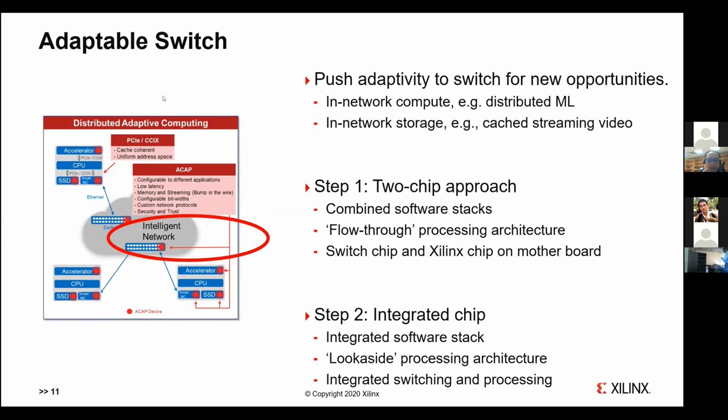And in the second step, we could integrate the functions together into one single chip, right? And in that way, we could also use the local site processing architecture. And in both of these two steps, we will integrate the software stacks together. Okay. And we have done some preliminary work.